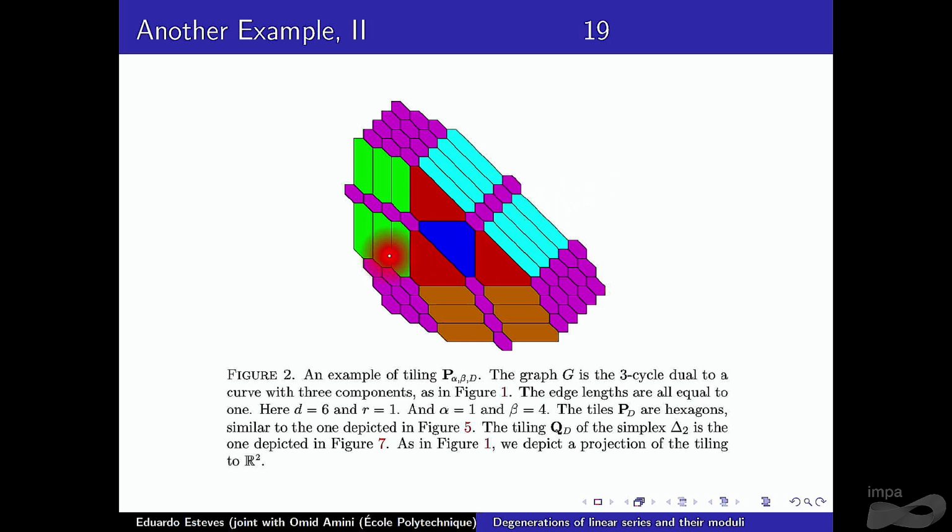And what's interesting here is that if you look at the linear series associated with the maximal dimensional polytopes, like for instance this red one here and the blue one here, they share a facet. And if you look at the maps between these two linear series, either there are no maps or it's a one-dimensional space.